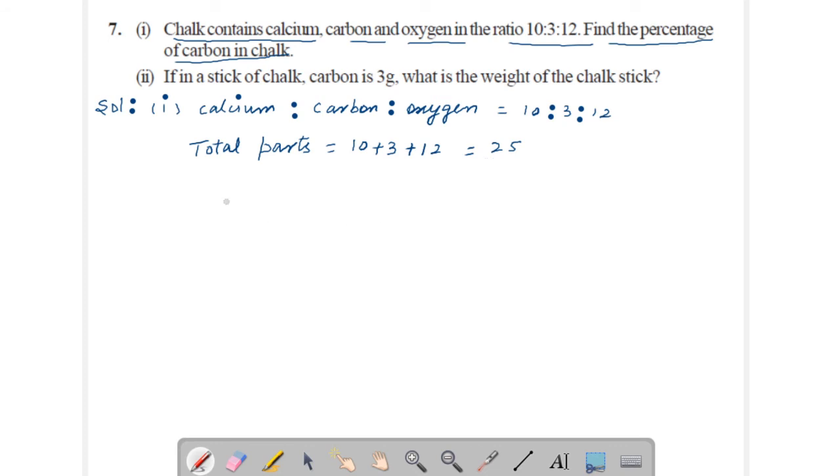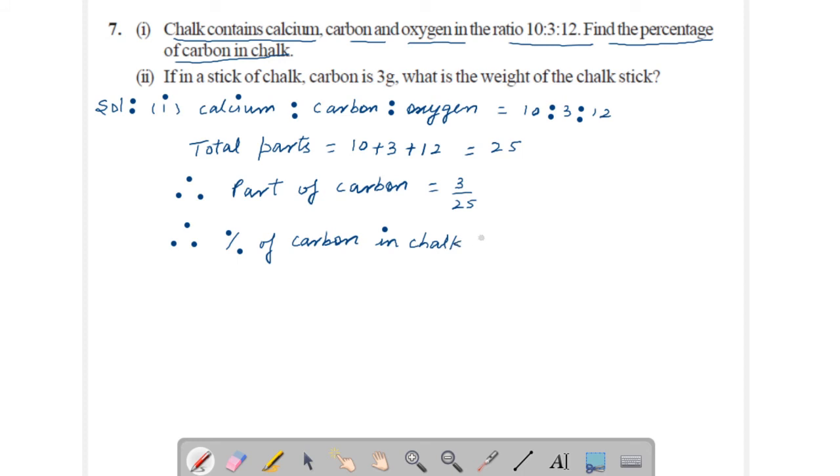Therefore part of carbon, it is 3/25. Therefore percentage of carbon in chalk, it is 3/25 into 100%.